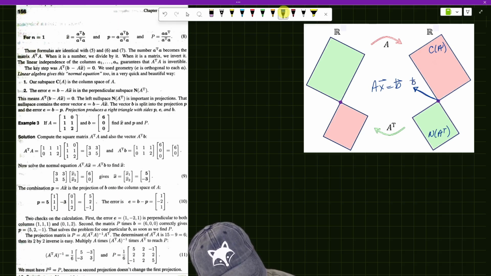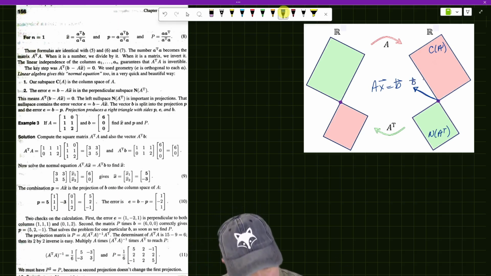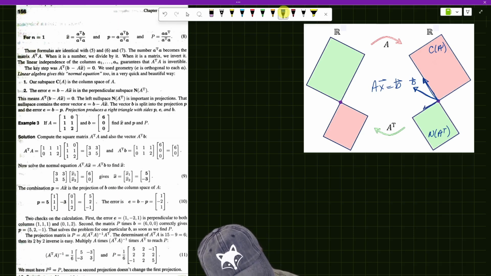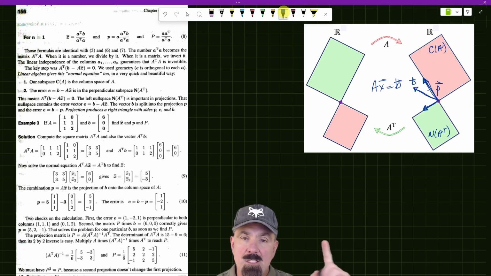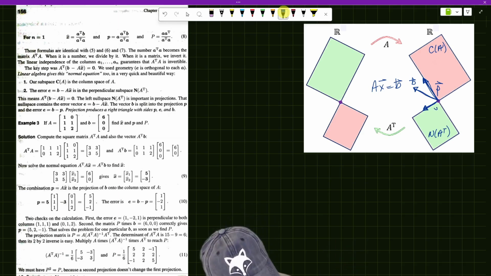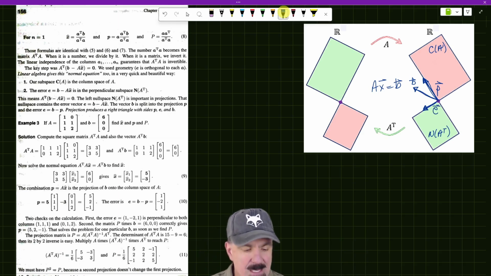So our b vector, similar to the conversation we had last time, has 2 components: a component in the column space and a component in the null space. This piece here is really the p vector. The projection of b into the column space is the projection vector, which means the vector here is the error vector, the piece of b that lies in the null space of A transpose.